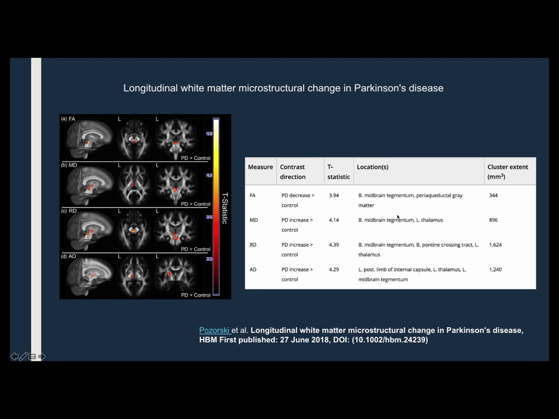At the same time that the FA decreases, the MD increases in the same area. So this allows us to see where the regions are progressing into the disease differently.